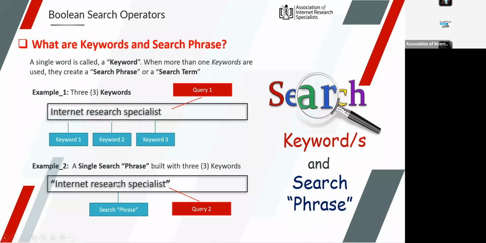So in order for me to ensure that all 3 words are to be treated as one single search term and to be matched exactly as it is set, I'm going to put it inside of the quotation marks as if all 3 together form one single search term. So 3 keywords have now become one single search phrase or a single search term. This is where we use quotation marks.